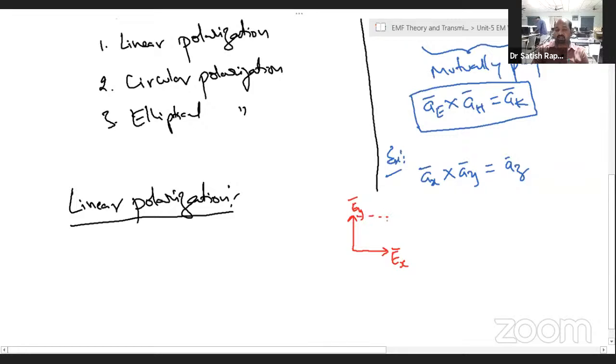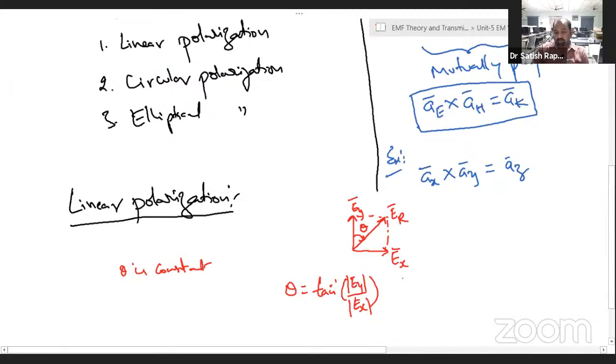And what is the resultant electric field? This is the resultant electric field, and this is the angle theta, where theta is equal to tan inverse of magnitude of Ey by magnitude of Ex, right? So theta is constant at all times.